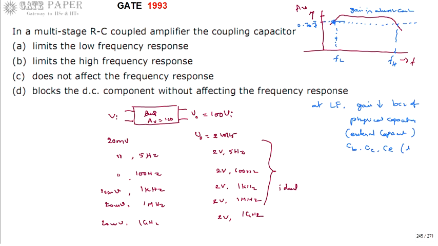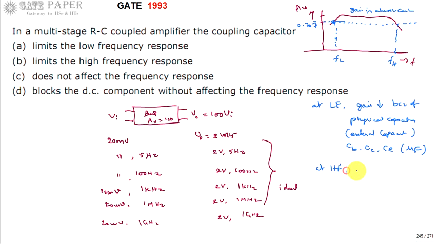These external capacitors are called bypass capacitors or coupling capacitors. Their main function is to block the DC component, and they also decrease the frequency response, that is, the gain at low frequencies, and at high frequencies.